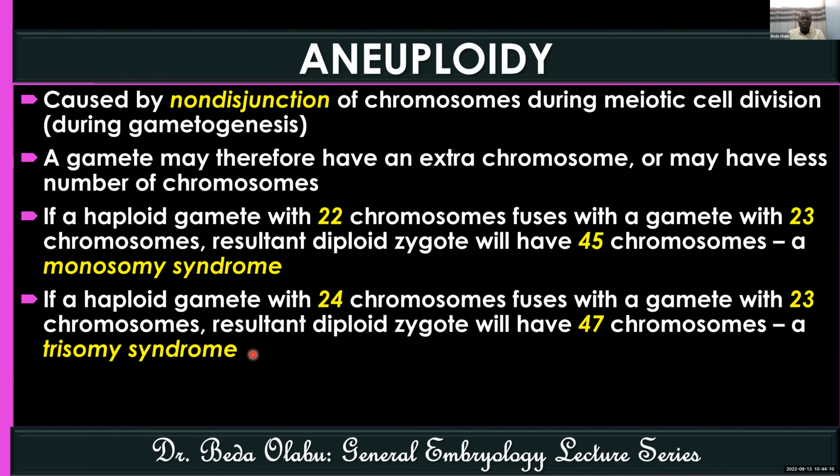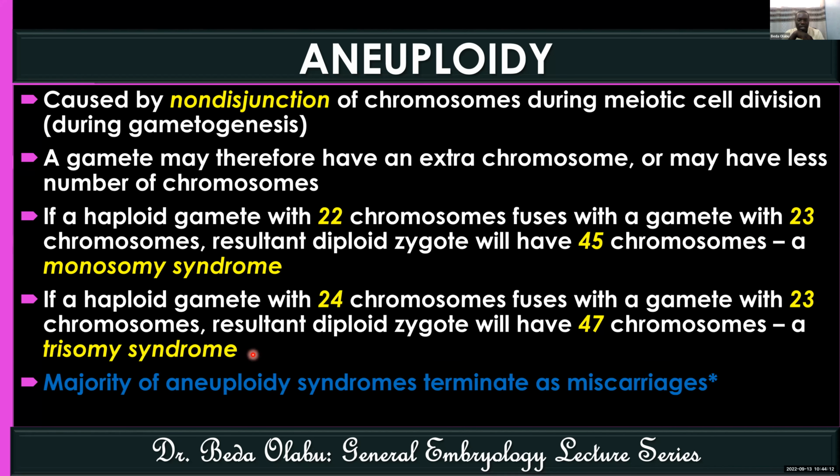Even though I gave you a whole list of aneuploidy syndromes, it is important to note that most of the aneuploidy syndromes are not compatible with life, and so they terminate as miscarriages. As a matter of fact, close to 50% of conceptions usually lead to terminations, early pregnancy loss.